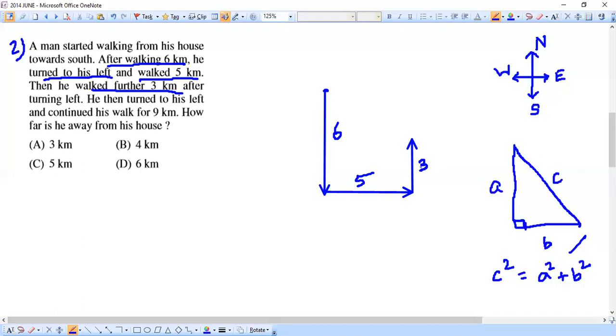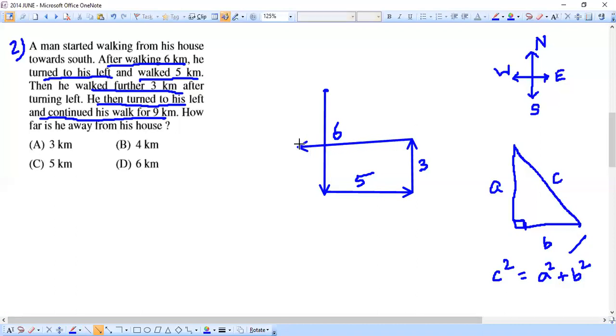And now once again he turns left, and he continued walking for 9 kilometers. So from this point, he's going to turn left hand side.